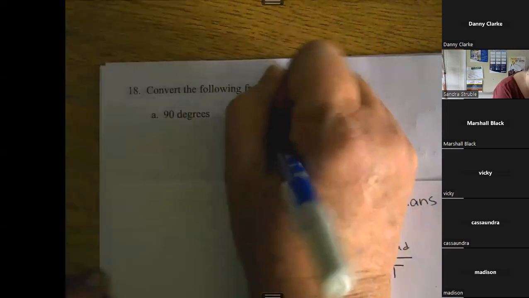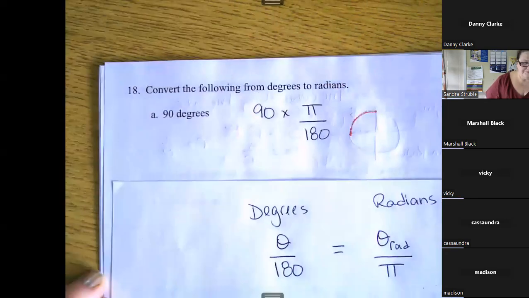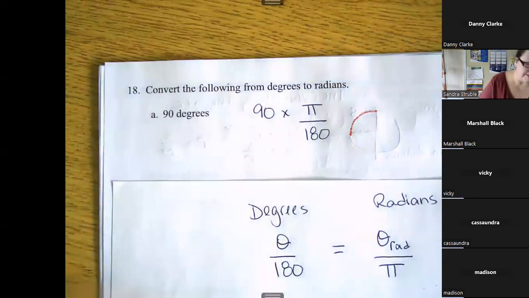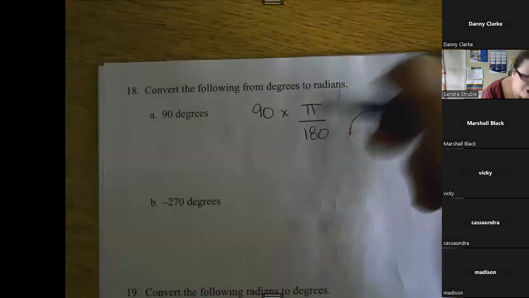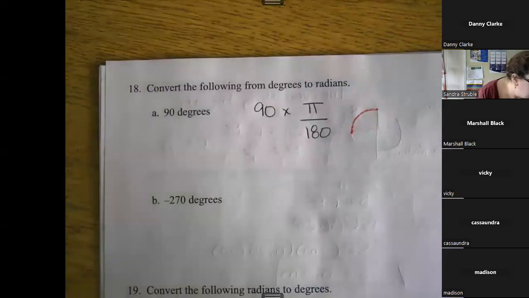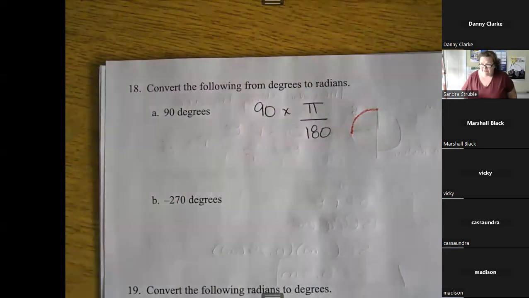So taking 90 times pi divided by 180. To me, this is the easiest way to do it. You're going to reduce. You're not going to use decimals anymore. You cannot use decimals on this. You have to use the reduced fraction. This is not an option.